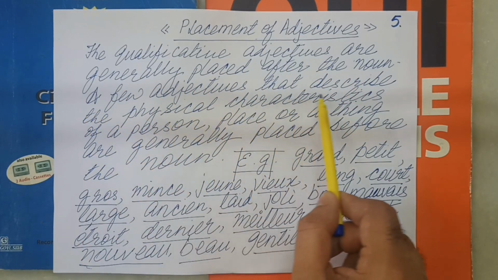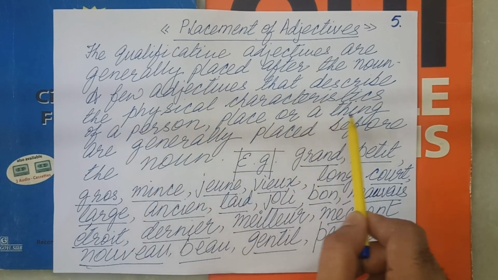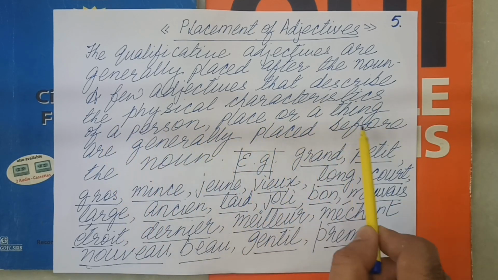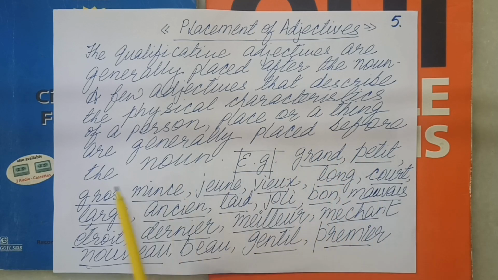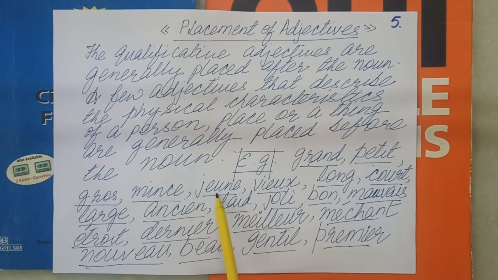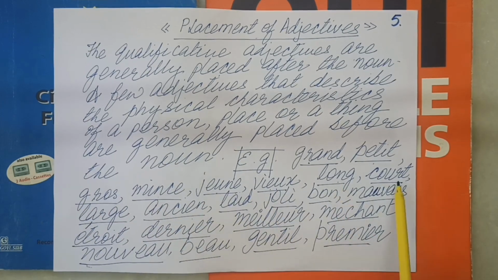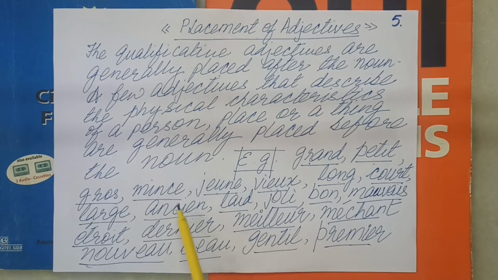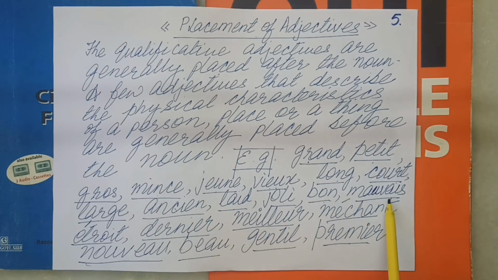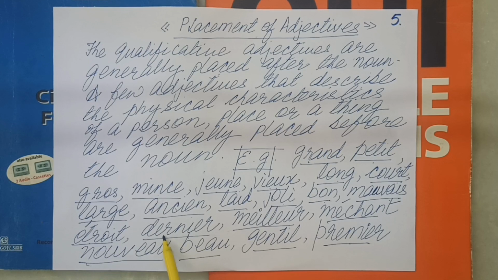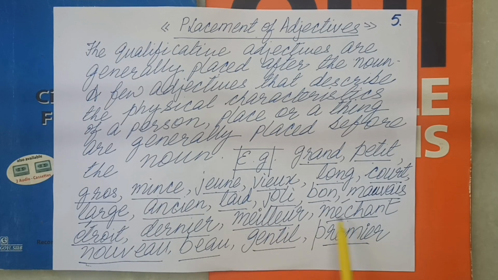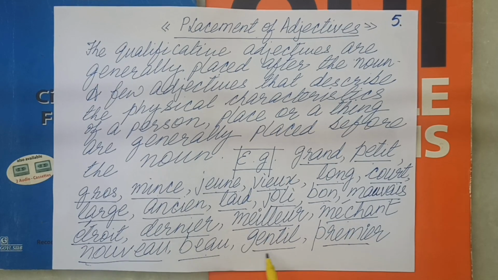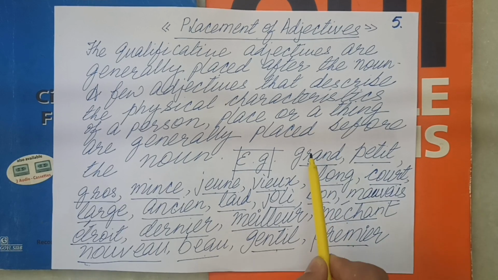A few adjectives that describe the physical characteristics of a person, place or a thing are generally placed before the noun. These are: grand, petit, gros, mince, jeune, vieux, long, court, large, ancien, laid, joli, bon, mauvais, étroit, dernier, meilleur, méchant, nouveau, beau, gentil, premier.